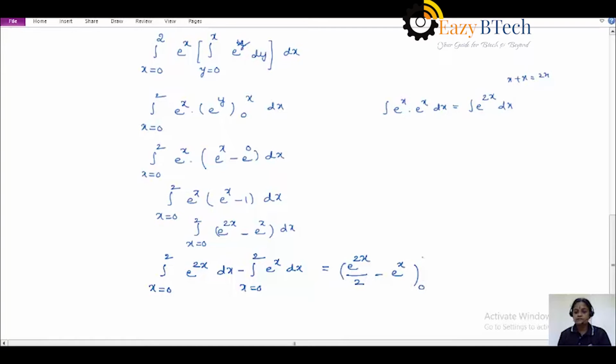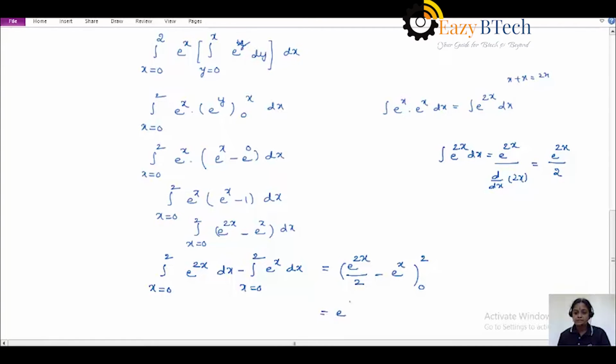Then the limits are 0 to 2. Because e power 2x integration is e power 2x by d by dx of 2x. This is the formula. E power 2x by d by dx of 2x, which is nothing but 2. So apply the upper limit, and at the same time the lower limit here.